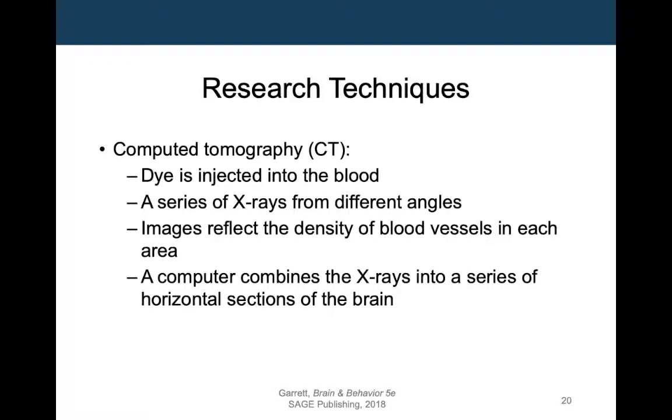Therefore, it allows us to locate the structures that we may be interested in, because it's not just going to show up on its own. We have to inject something so that we can locate it. Okay? And the CT scan uses two-dimensional horizontal sections so that we can use them almost as if they were 3D images to locate these structures and see just what's going on here or what it looks like. Okay?